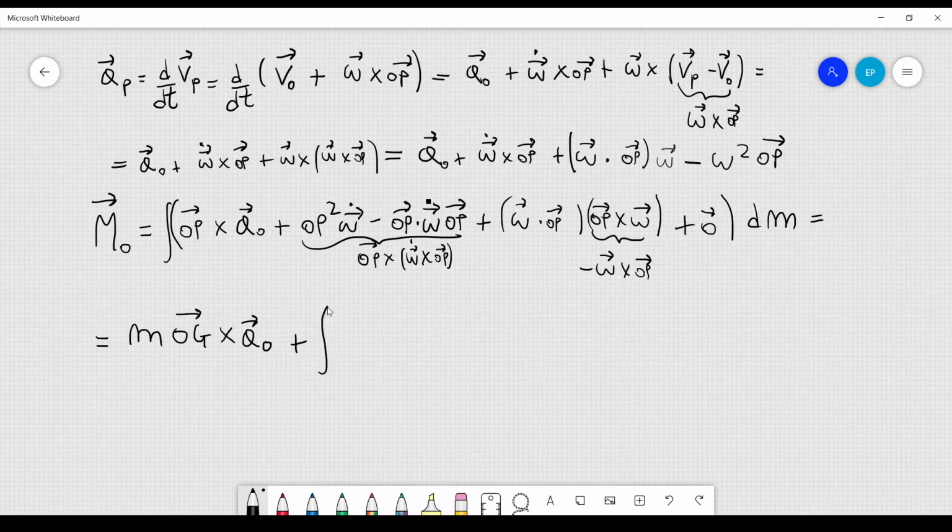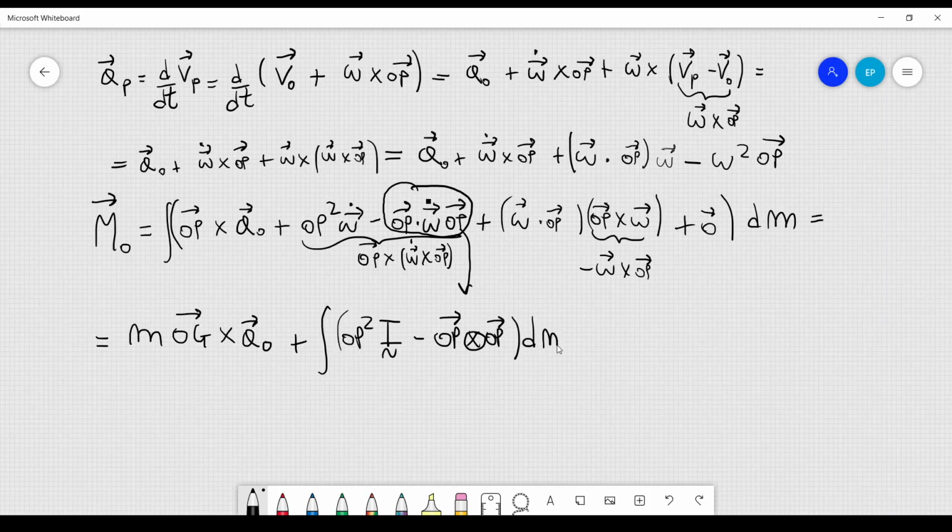Plus, and then I have the integral of OP squared. I can rewrite it like this. I multiply by the identity matrix minus OP. So I'm going to rewrite this like this, OP tensor product OP. And then here I have dm, and I can put omega dot outside of the integral here.